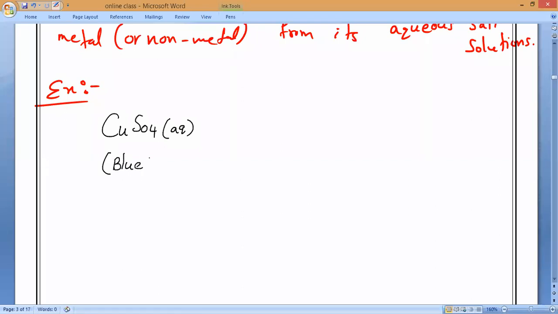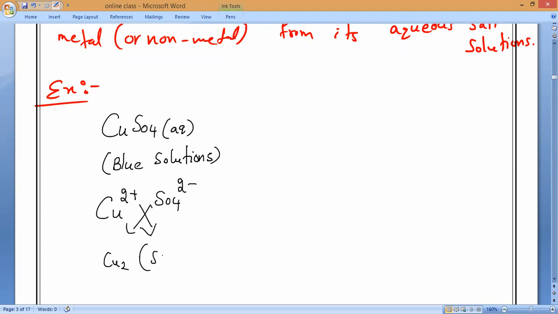Blue color. Blue solution, actually. Now, how will the copper sulfate formula come? Cu2+ and SO4 2-. So now you will get Cu2 SO4 twice, so the 2 will get cancelled.